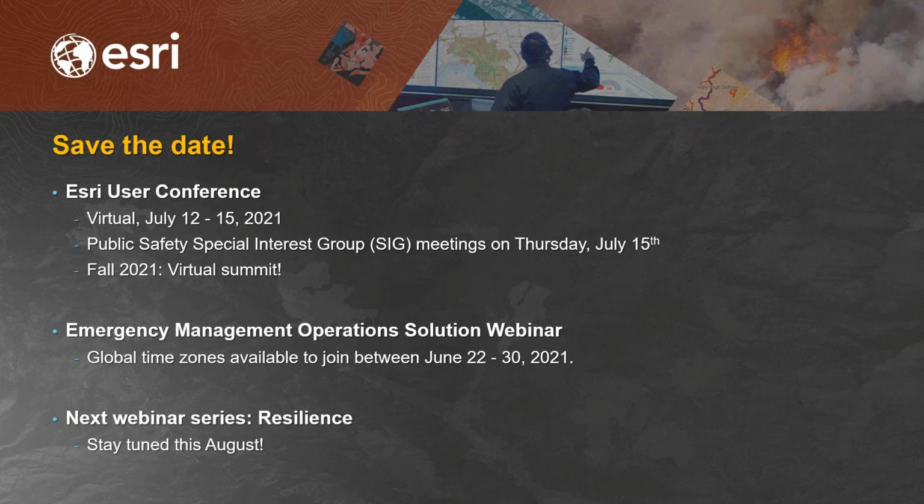Ryan? Yeah, thanks, Mike. We hope you'll join us in the next series, starting in August, around building safe and resilient communities. Certainly, I think we've hit on some of the topics today, the fact that risk is more systemic than ever before. It's more than just the natural hazards in front of us, but truly understanding vulnerability at a different level and looking at the interdependencies. So we're going to spend a series together on 3 different topics.